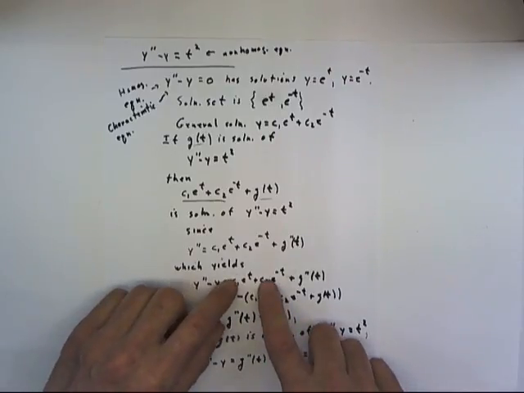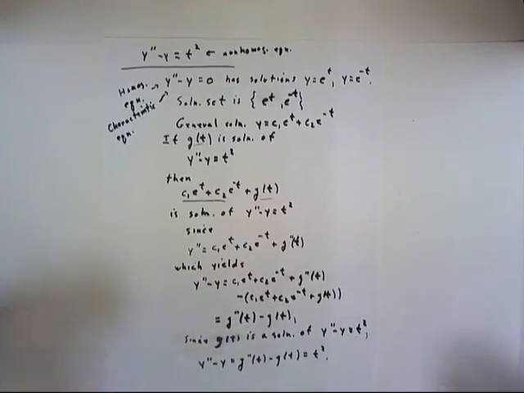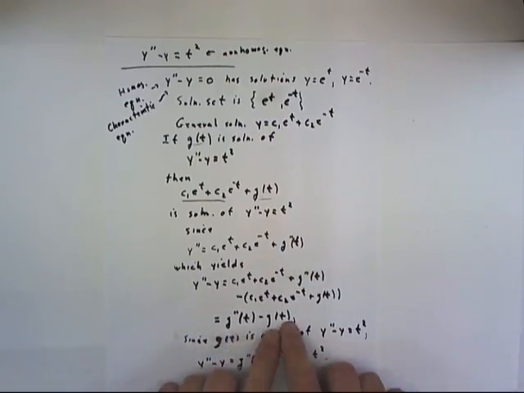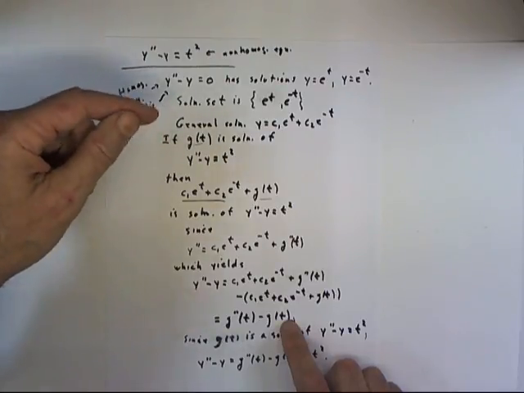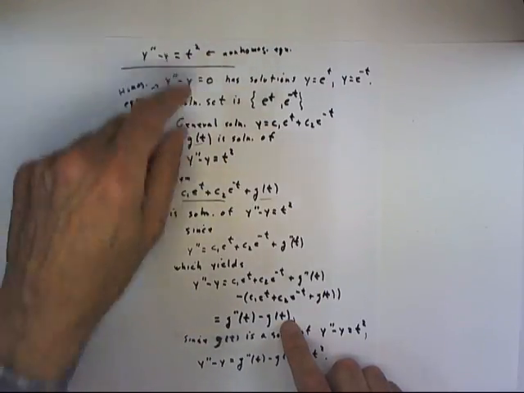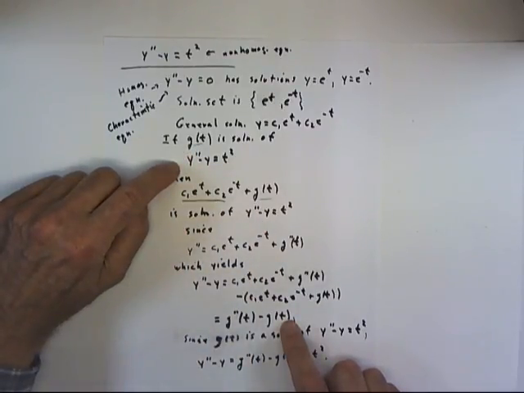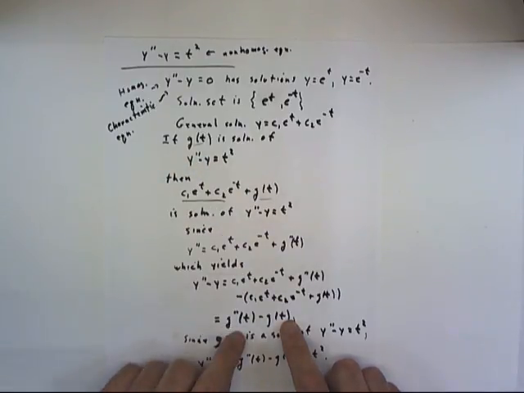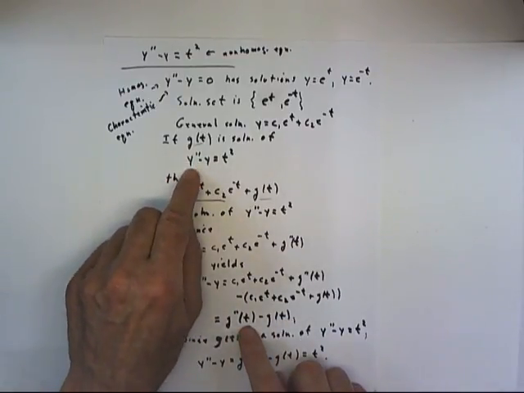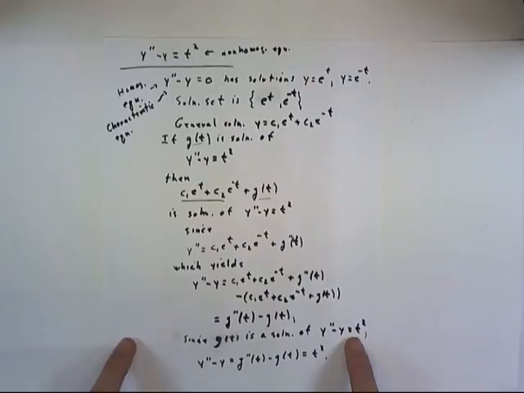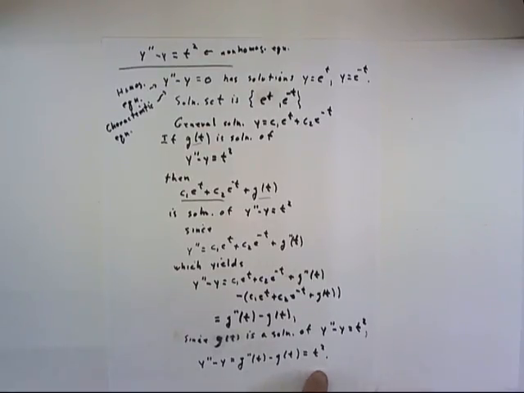So this term and this term cancel out, leaving us g double prime minus g. But g is a solution to our non-homogeneous equation, our original equation. By hypothesis, that means g double prime minus g has to equal t squared. So y double prime minus y equals g double prime minus g, which is equal to t squared.